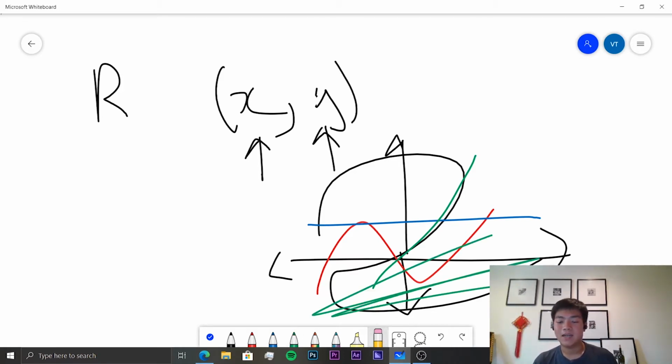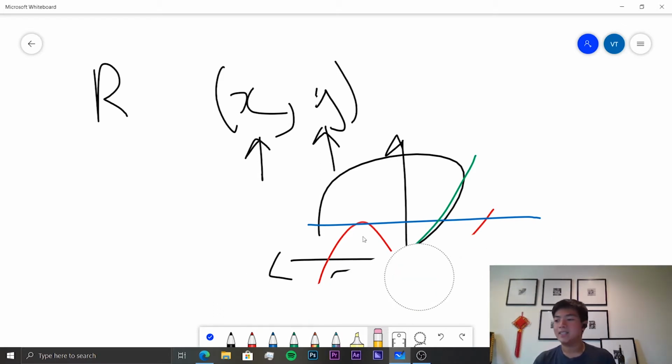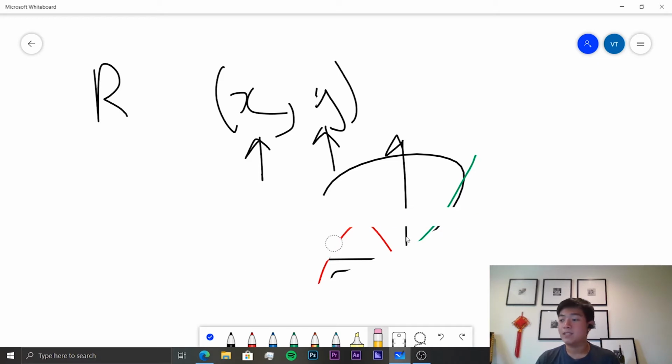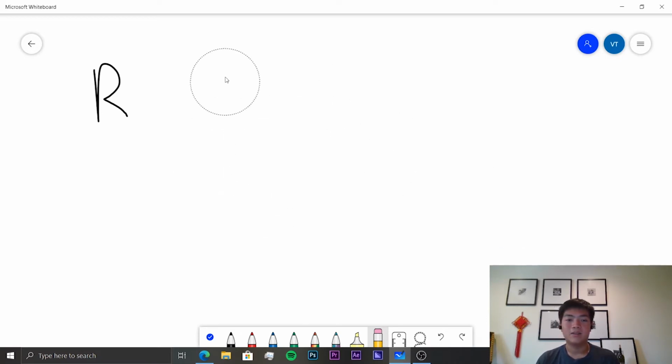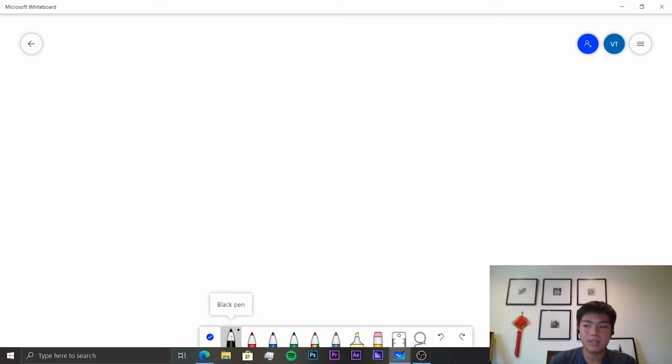Now, a function has a very big distinction: the x values of a function must have a unique y value. What this means is that for a function, every x value must only map to one y value.